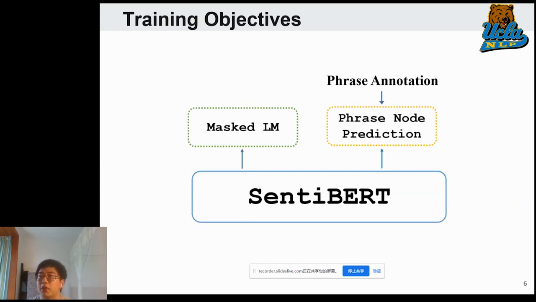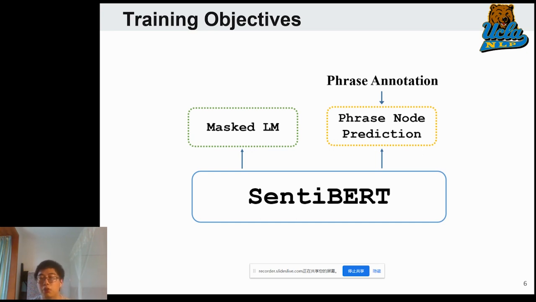To train SentiBERT, we consider a learning objective that consists of two components: masked language modeling and phrase node prediction. The first part is similar to BERT, in that we mask out part of the sentence and request the model to predict the missing parts. This allows the model to capture the context information.